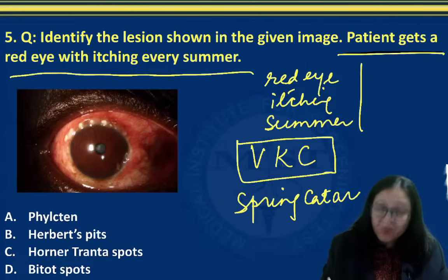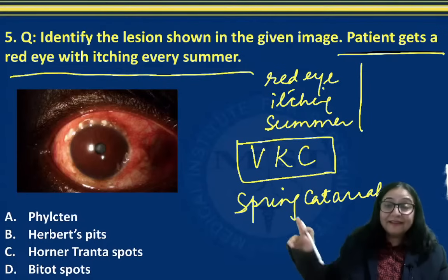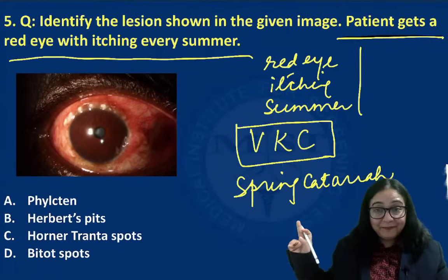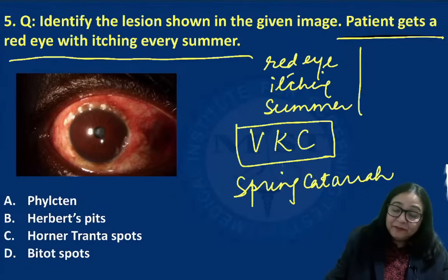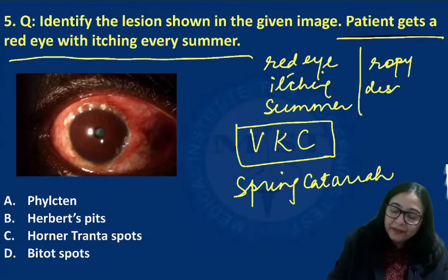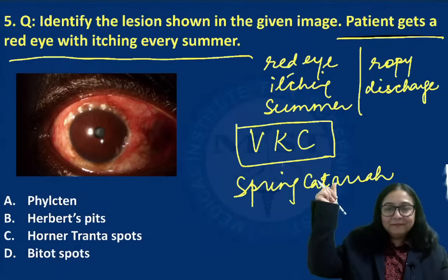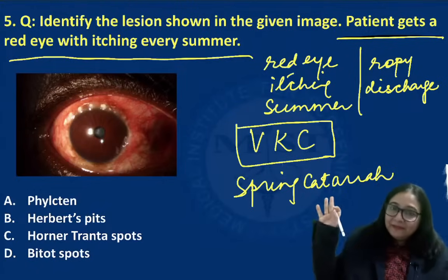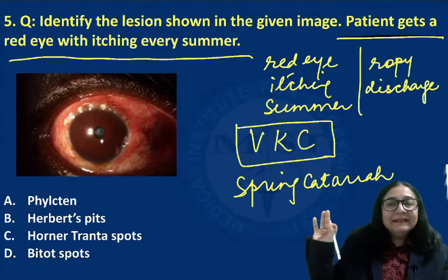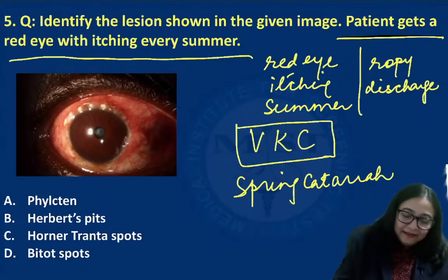And sometimes an additional symptom may be given, like a ropey discharge. If they mention ropey discharge, again it is a diagnosis like this. So this is most likely the condition discussed in the statement.